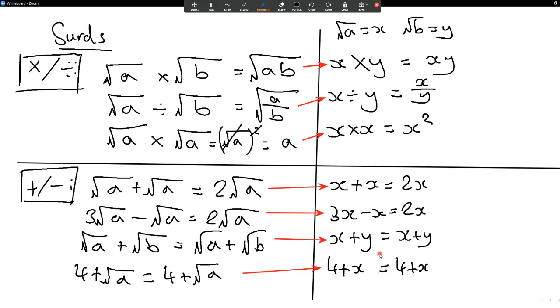So if you're ever unsure, like if you want to do root a plus root b, say, can I add two different variables together? If the answer is no, then you can't add the surds together either. But so long as you can learn these rules, it's okay. You don't have to make this link with algebra.